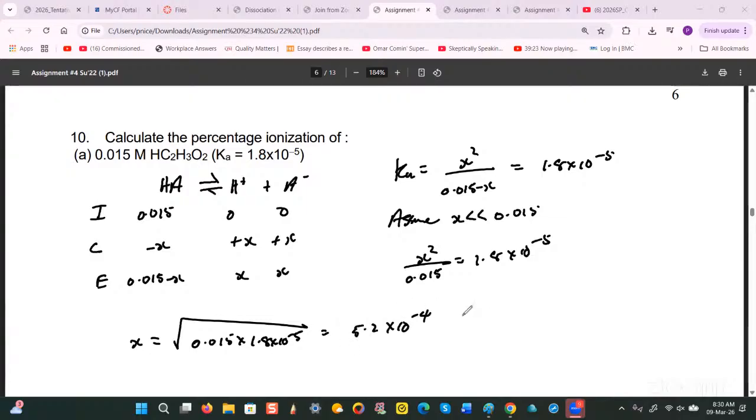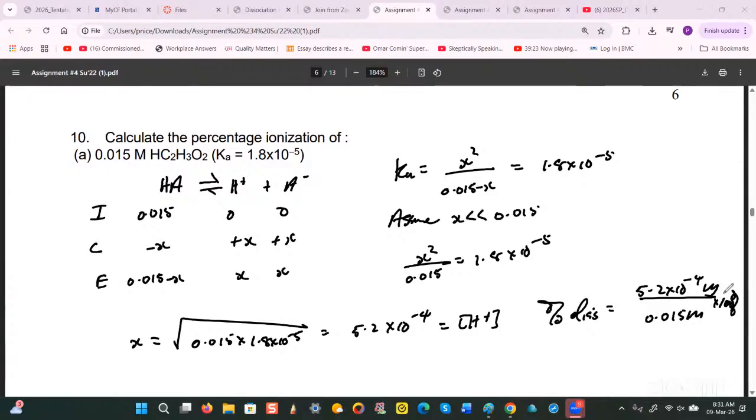Right? And therefore, this will be equal to the concentration of H plus. And then we find the percent dissociation, which will be equal to the concentration of H plus, which is 5.2 times 10 to the minus 4 M, divided by the initial concentration, which is 0.015 M, times 100%.